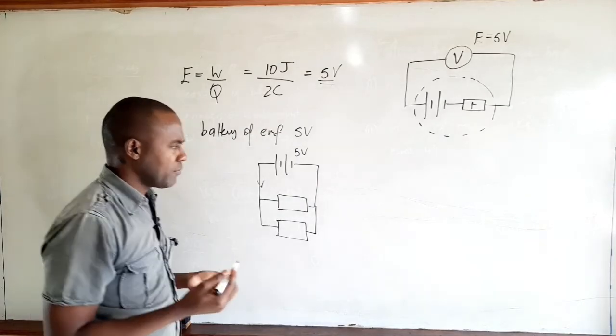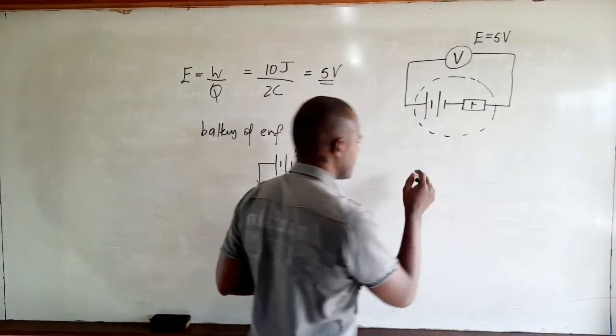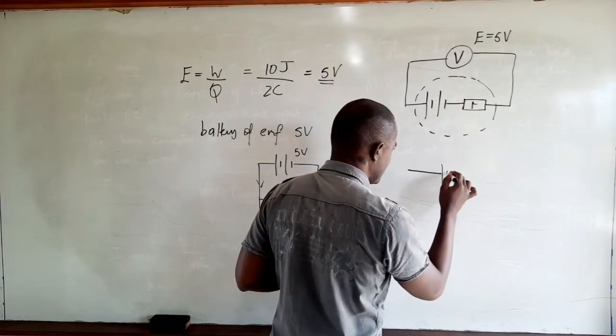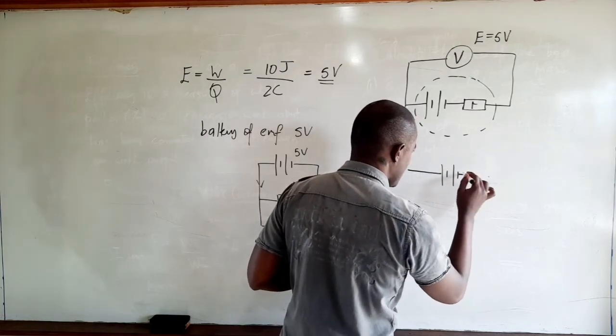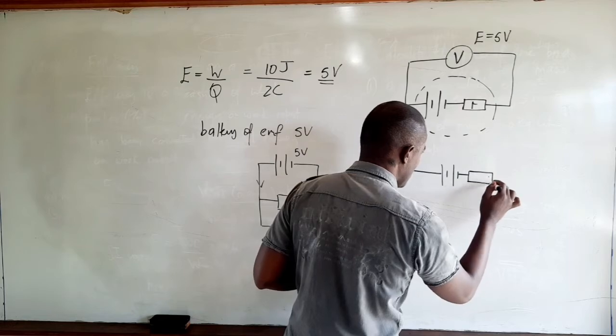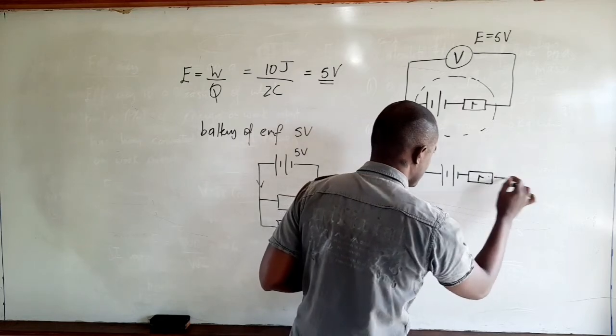Now, however, when we connect this battery to an external circuit, let's say a lamp or a resistor, and we take the measurement, it will not read 5 volts.